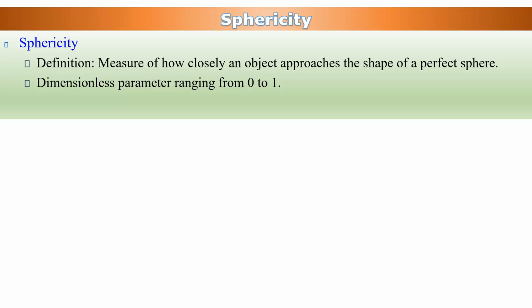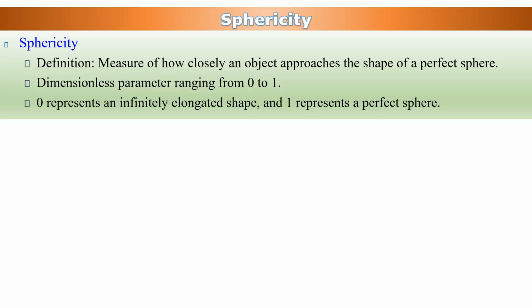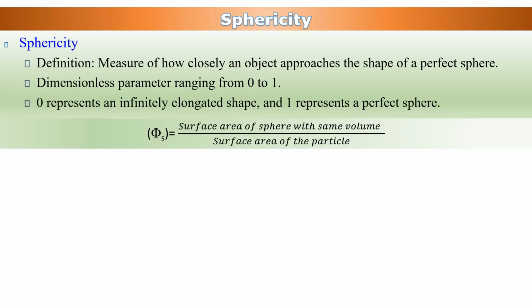Sphericity is a dimensionless parameter ranging from 0 to 1. If the sphericity is 0, that represents an infinitely elongated shape, and if sphericity is 1, that represents a perfect sphere. Now what is phi s?